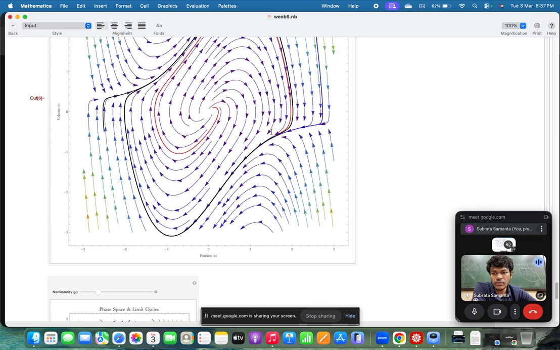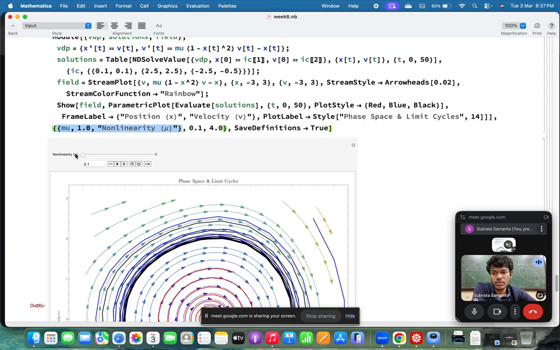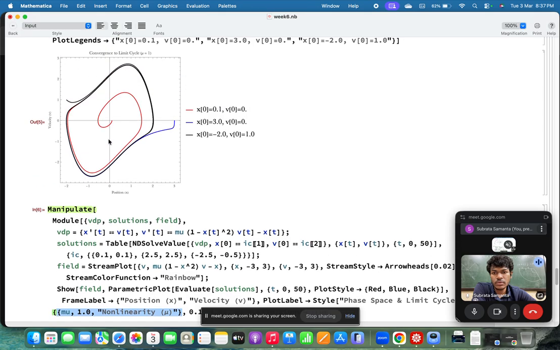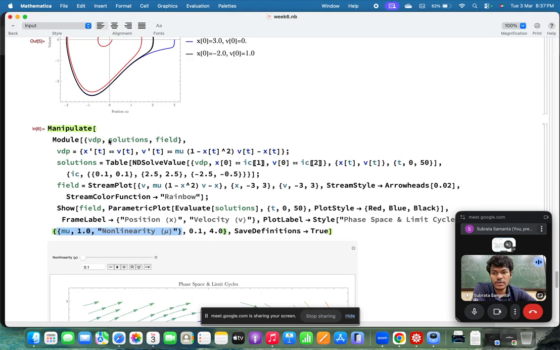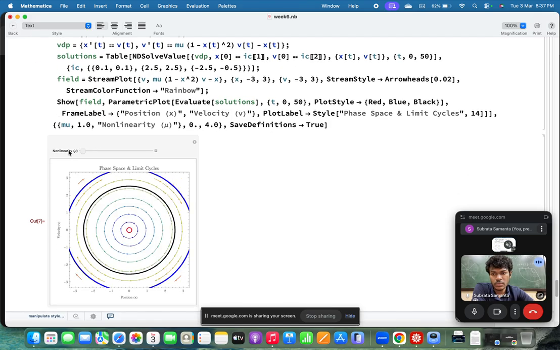You can also calculate at mu equals 0. So, what happens at mu equals 0? If you plot at mu equals 0, you see all the things are different.